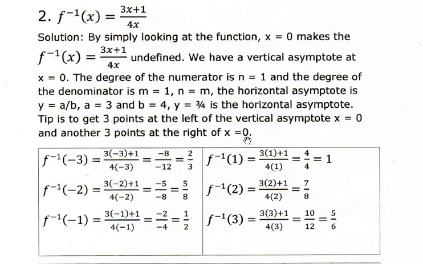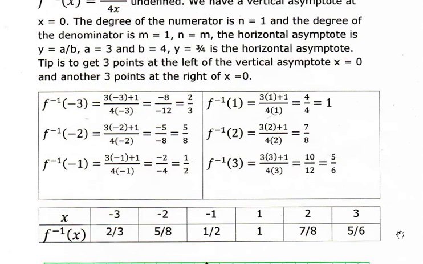And to the left of 0, we pick 3 integers closer to 0: -1, -2, and -3. Those are our critical x values that will give us the most likely behavior of the curve that we're going to sketch. Then, substituting these values, we have the table of values here as the result.